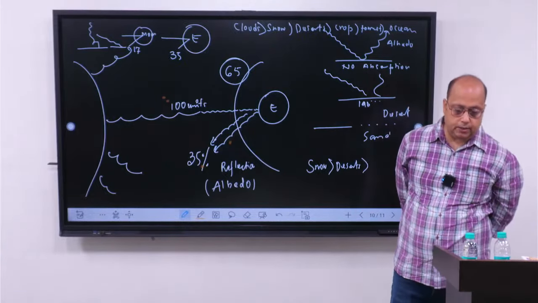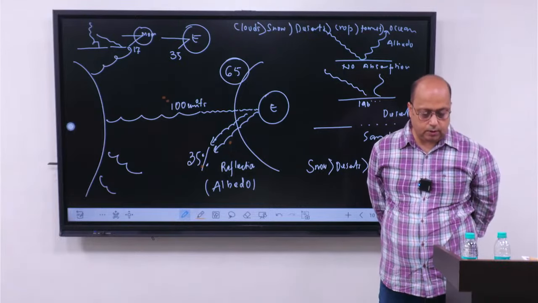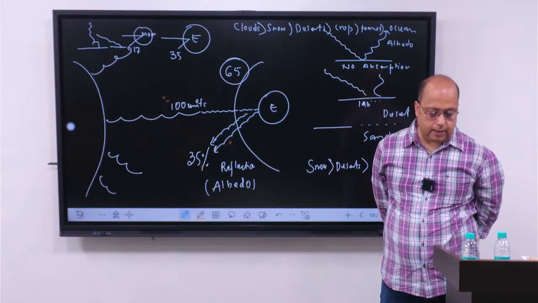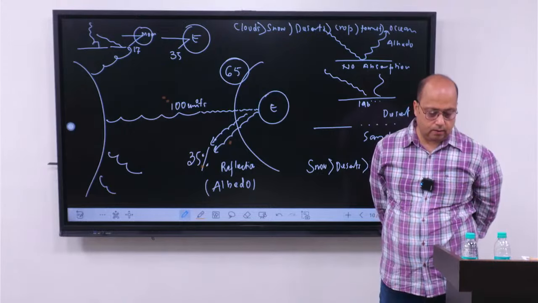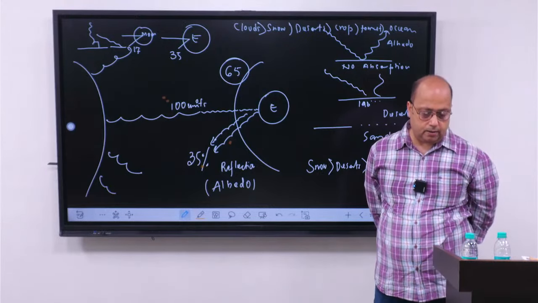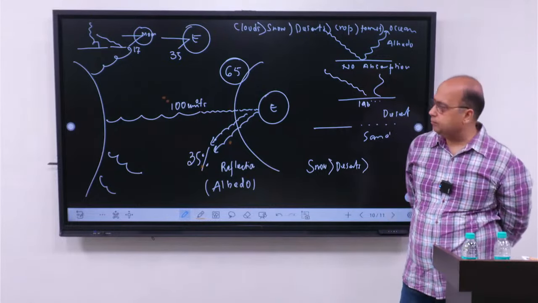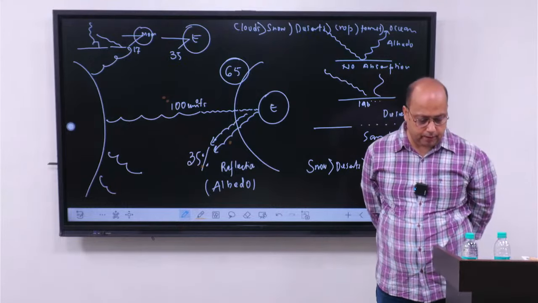Insolation is the radiation energy from the sun that is received by Earth's surface and atmosphere.